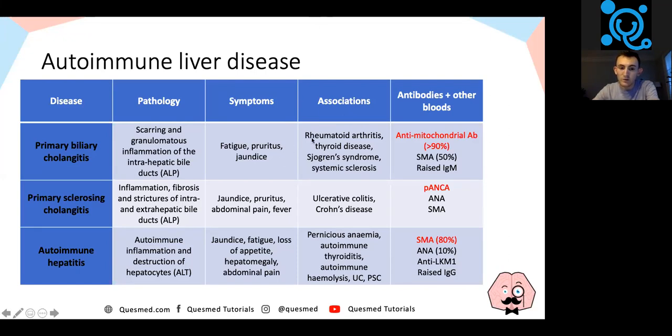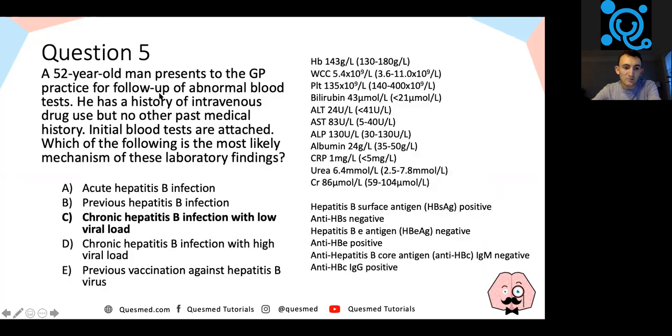I think it was question 5. I assume you mean the one where it wasn't A. Question 5 wasn't A because if you have acute hepatitis B infection, then you would have a positive IgM.